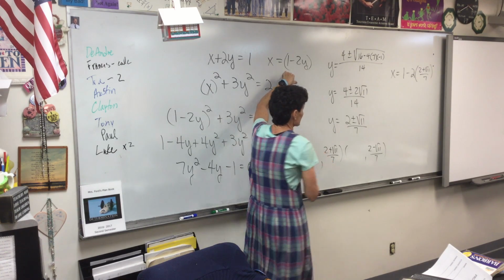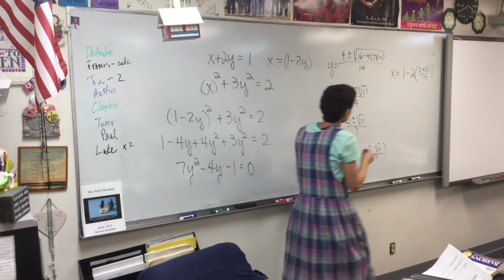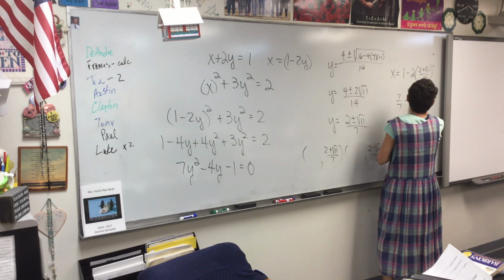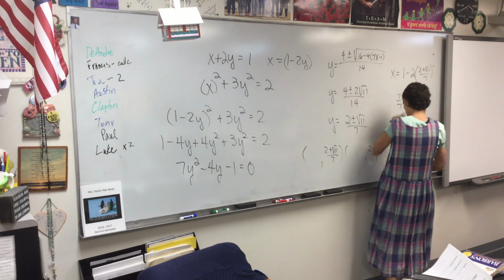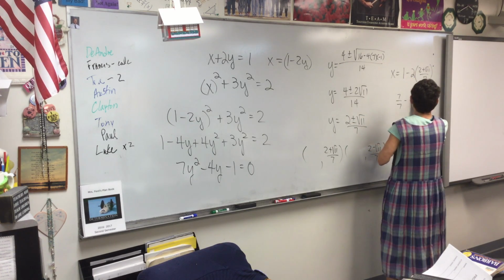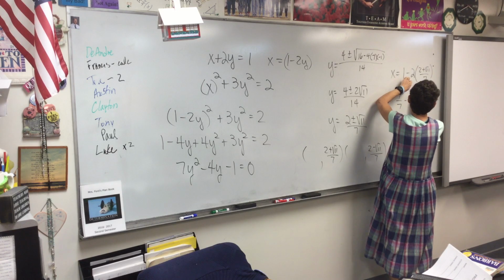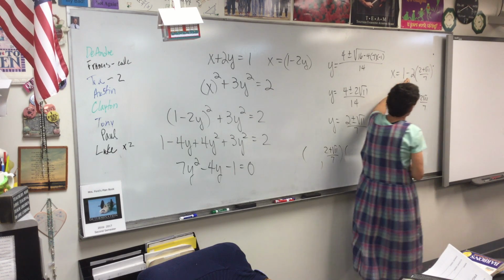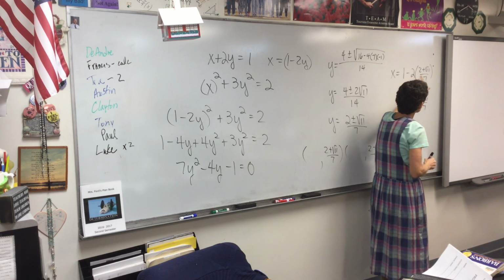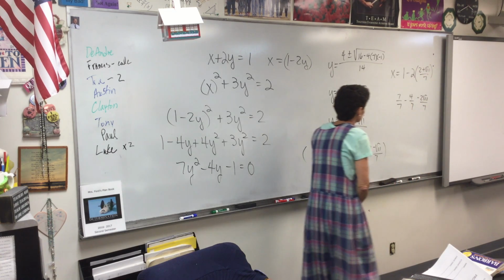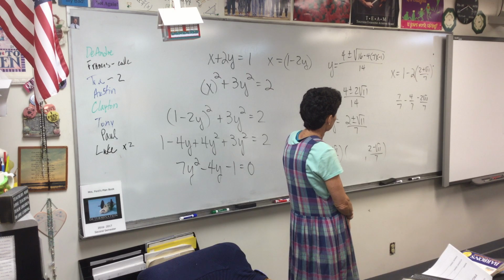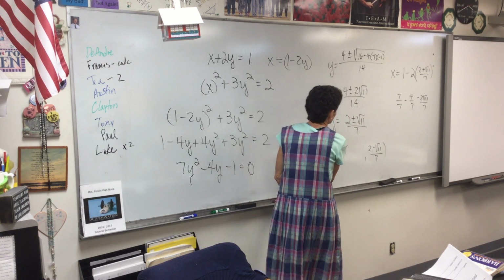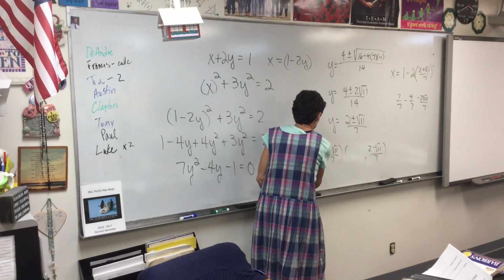I'm doing this one first. So that's going to be 7/7 minus, let's do it this way, minus 4/7 minus 2 root 11 over 7. If I take 2 times that and 2 times that, so what is that? 3 minus 2 root 11 over 7.